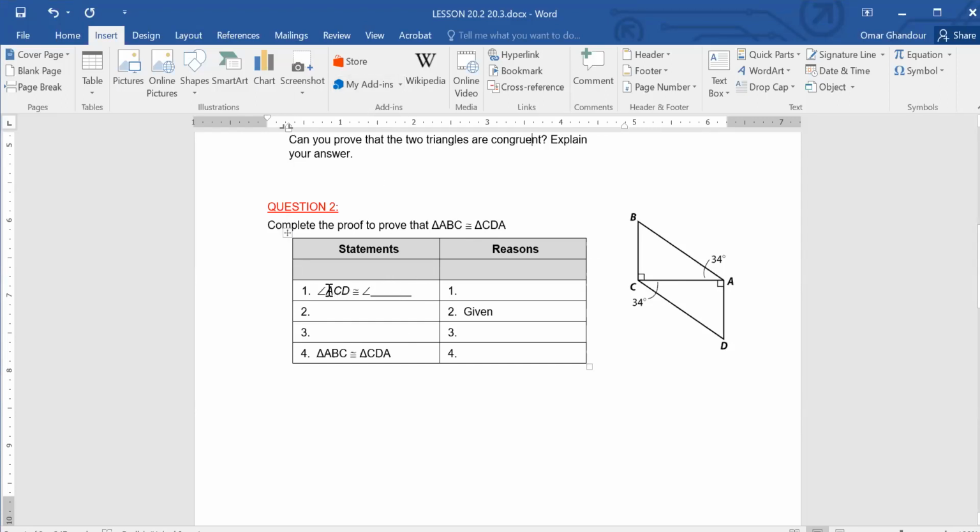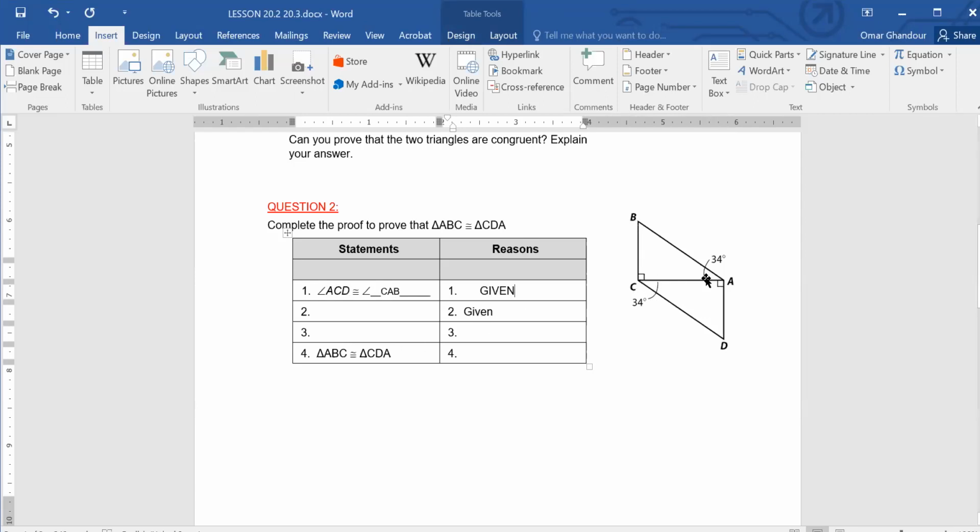First of all, angle ACD, the 34, is equal to which angle? CAB, right? So here I'm going to write CAB. Why? Because this is given in the drawing. What else is given? The 90 degrees.